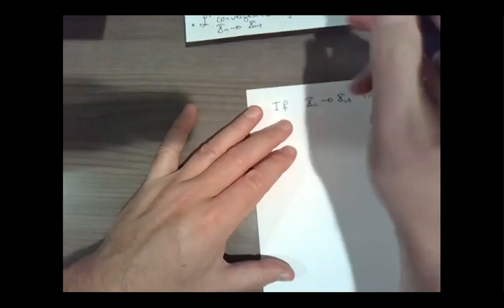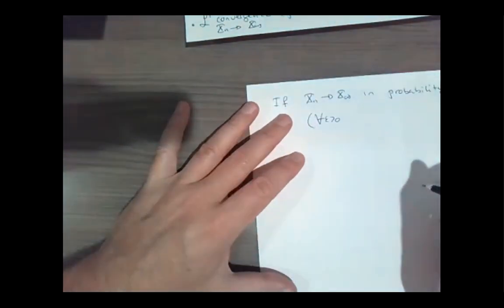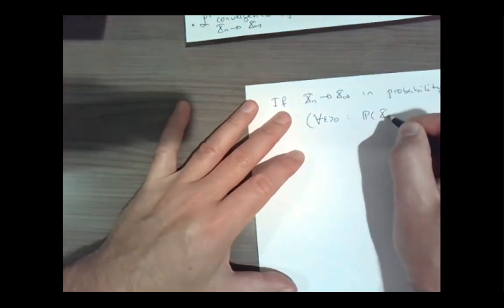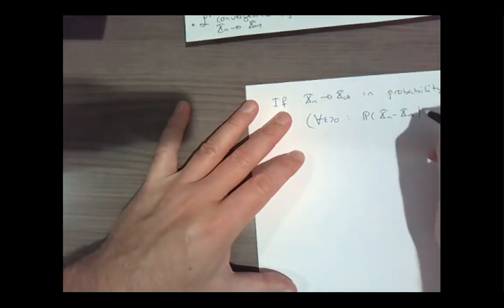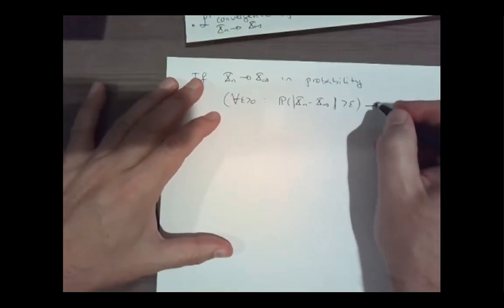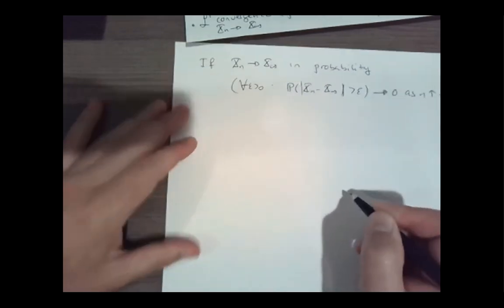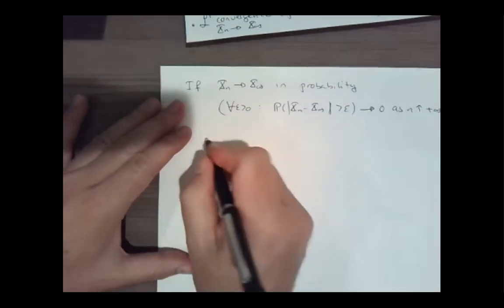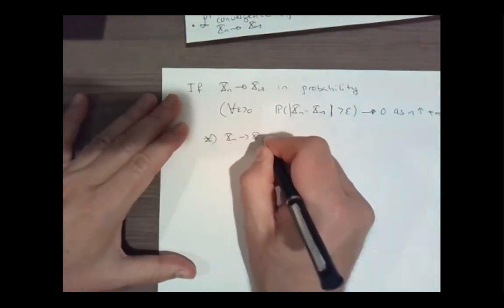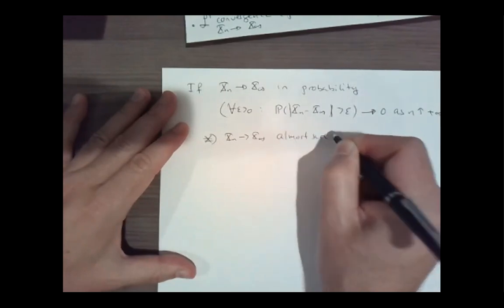Remember that's the definition that if you give me any epsilon, the probability that |X_n minus X_infinity| is bigger than epsilon converges to 0 as n goes to infinity. This does not imply that X_n goes to X_infinity almost surely, but it almost does.